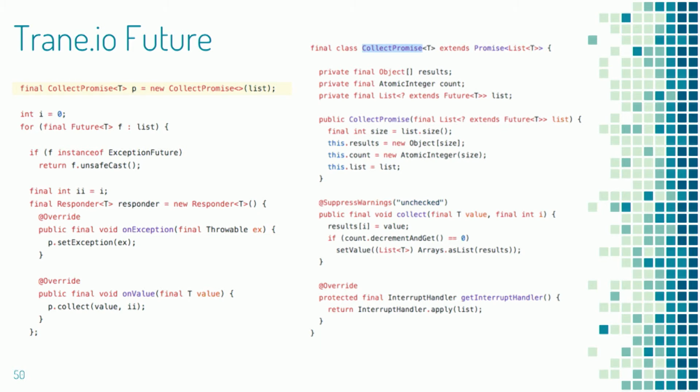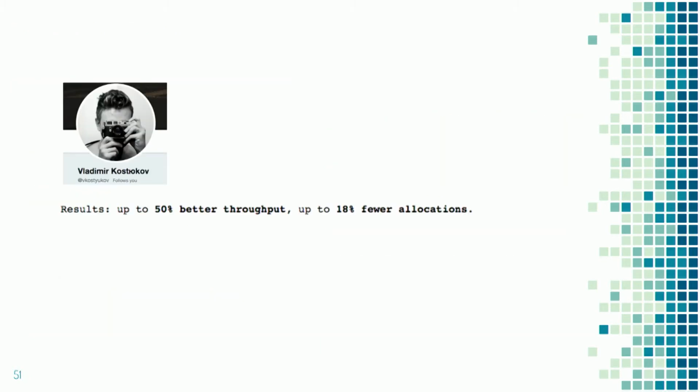The CSL team has been working on these changes, and Vladimir worked on this one, and it led to 50% better throughput and 18% fewer allocations. That's interesting because the optimization is only about allocations, but the gain is mostly on throughput because allocating things is really expensive. It's not cheap, actually. And that's only the work for allocating. There's also the work for garbage collecting and so on.